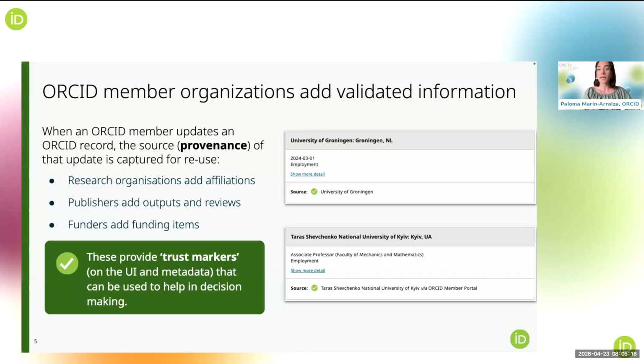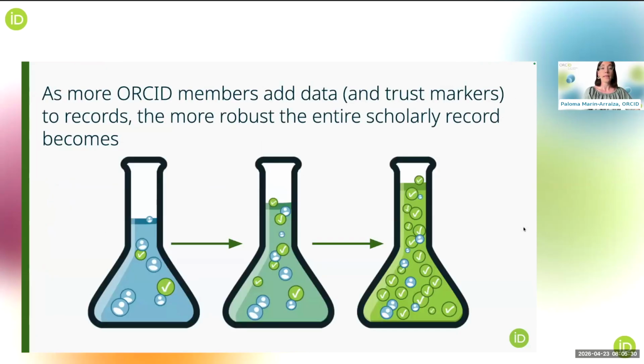Here you can see two examples of employment entries added respectively by the University of Groningen in the Netherlands in the top part, or down by Taras Shevchenko National University of Kyiv in Ukraine. As more ORCID members add data and their corresponding trust markers to records, the more robust the entire scholarly record becomes.